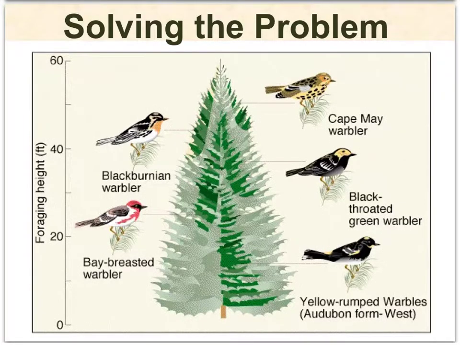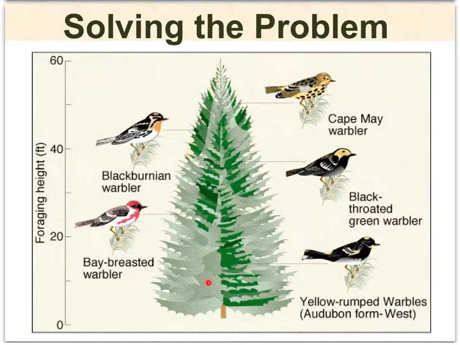So how do animals get around this competitive exclusion principle? Well, they certainly don't do it in one generation, because they're not able to adapt within one generation. But some species, like these warblers here, which have now speciated, used to all occupy the same niche, where they would forage on things within the same area throughout the tree.